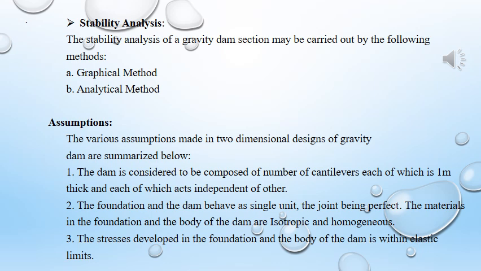The material of the dam and foundation is homogeneous, and the dam and foundation act as a unit. The foundation is static, and there is no overstressing of the materials of the dam and foundation.